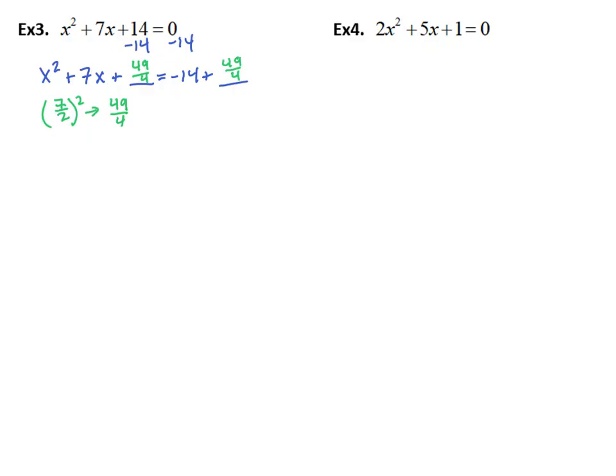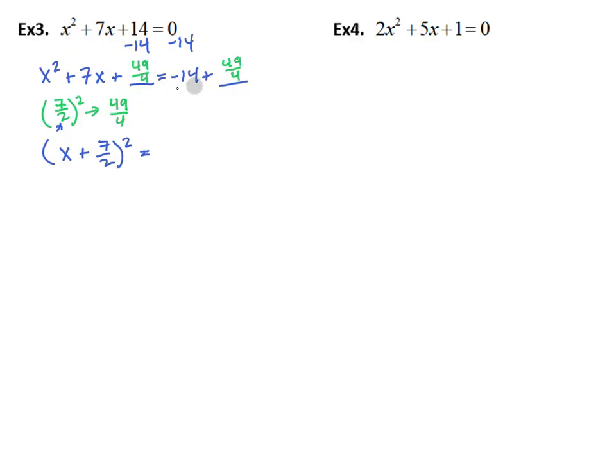So check that out. That's going to help us out here a lot. So we can actually write this as, here is half of b before we squared it, x plus 7 halves quantity squared. That is actually the perfect square we just created on that left-hand side.